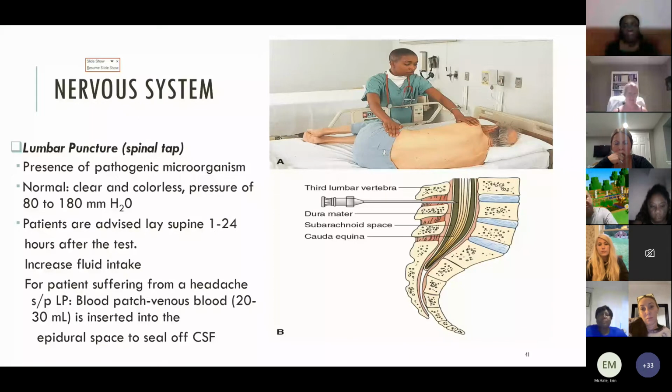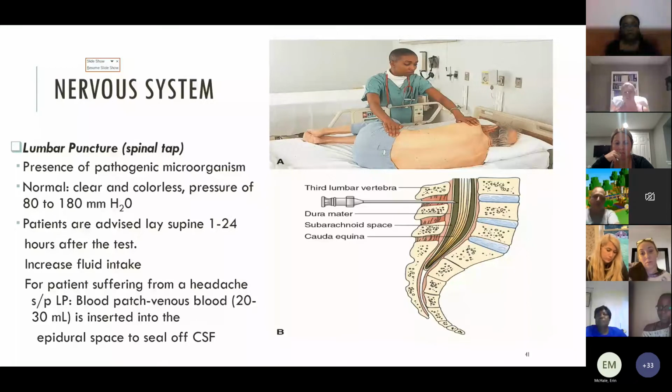Anytime we pull cerebral spinal fluid out, we would expect that it's clear and doesn't have any color. If it's not clear, and it's purulent or has a certain color, then that means there's something going on in the body, probably some type of infection. When we check pressure, normal pressure inside the CSF is going to be 80 to 180. I'm not going to test you.